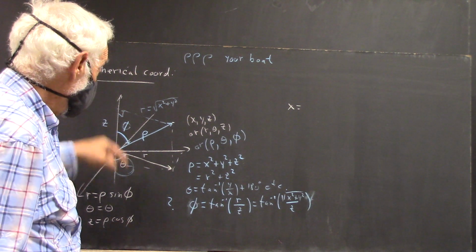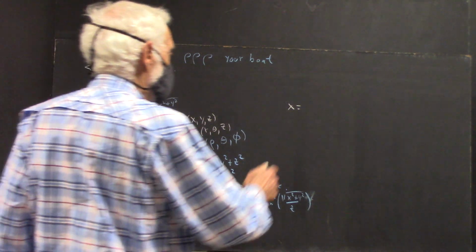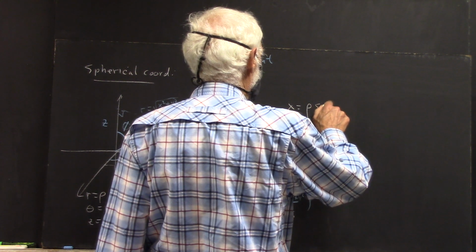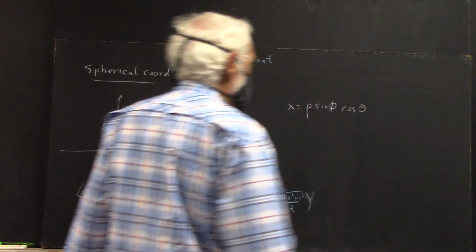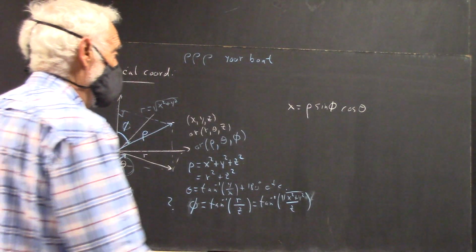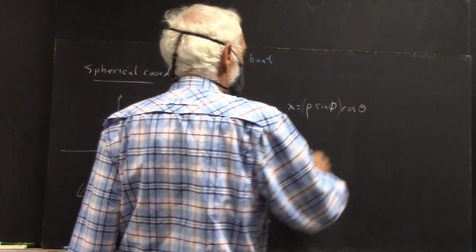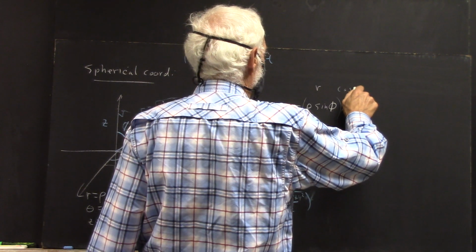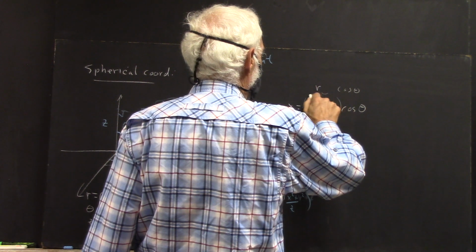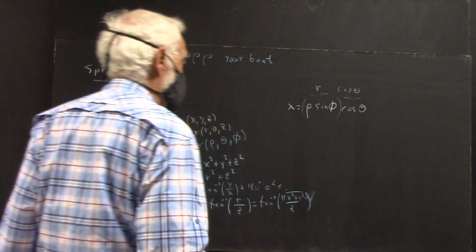And then we've got theta, so we can do rho sine phi times the cosine of theta. It doesn't have to be grouped, but this is like r cosine theta.